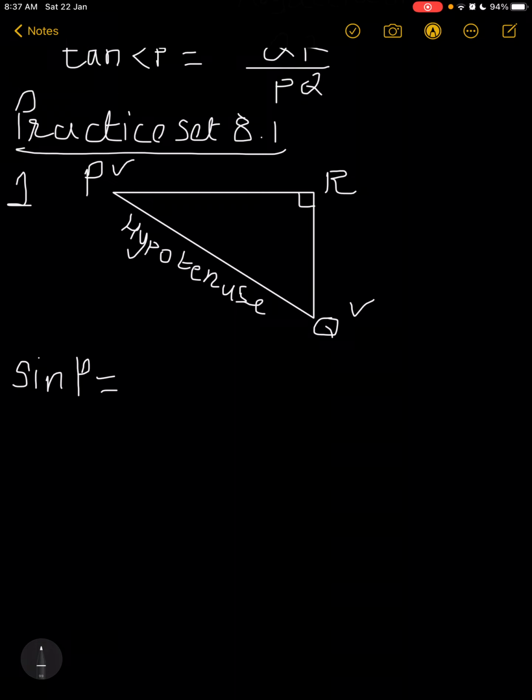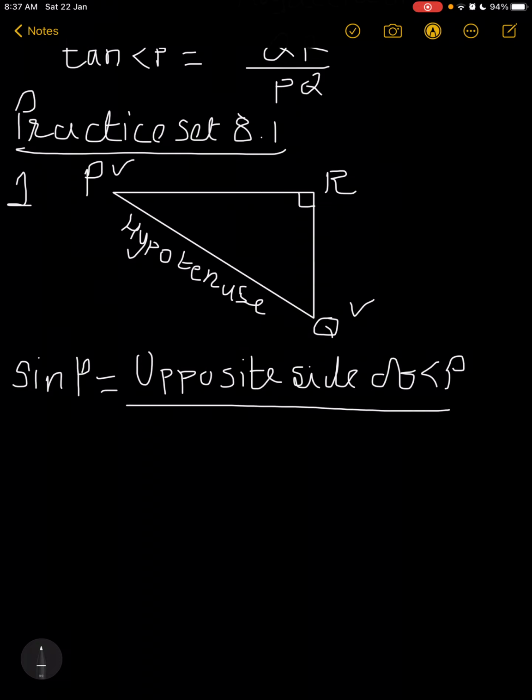Sine means the ratio in which we divide the opposite side of angle P with the hypotenuse. This ratio, where we divide the opposite side and the hypotenuse, is called the sine ratio.